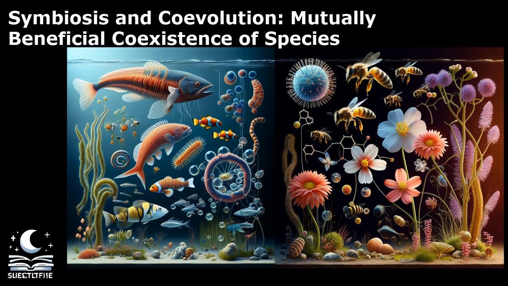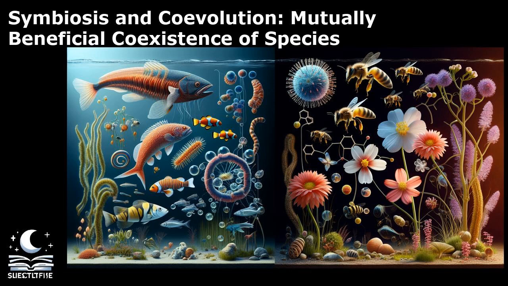Coevolutionary interactions between predators and prey lead to the diversification of species and the regulation of population dynamics. Understanding symbiosis and coevolution is essential for conservation efforts and ecosystem management, as they highlight the interconnectedness of species and the delicate web of life that sustains biodiversity.